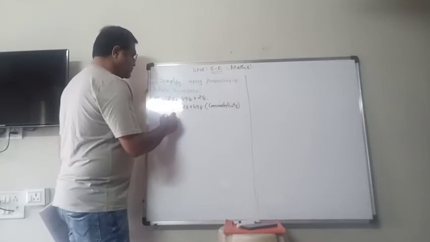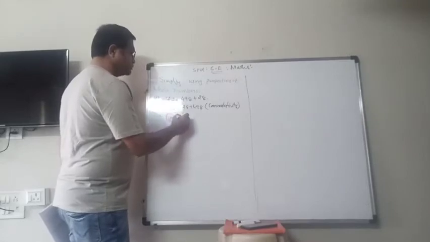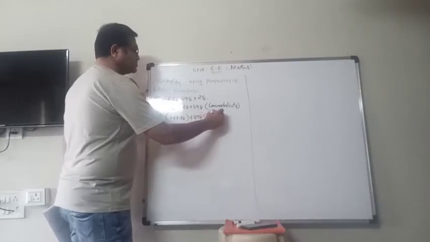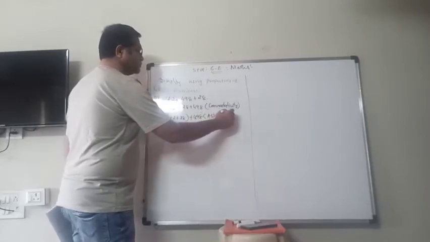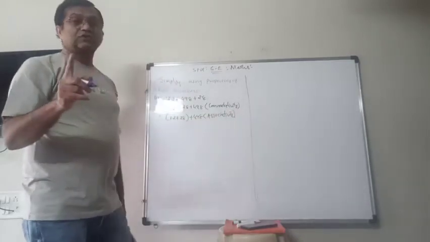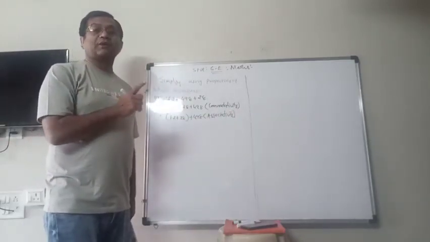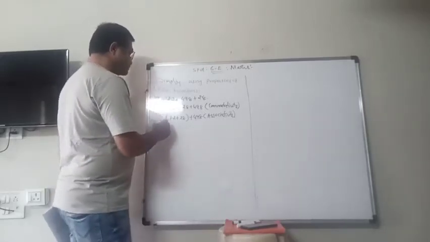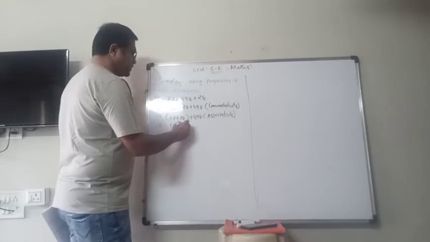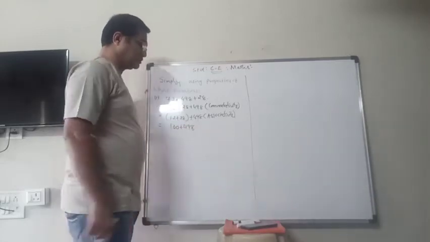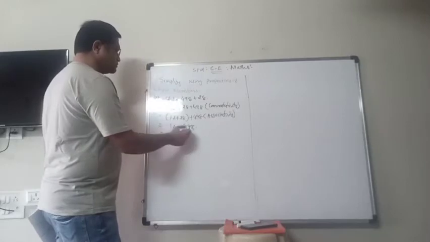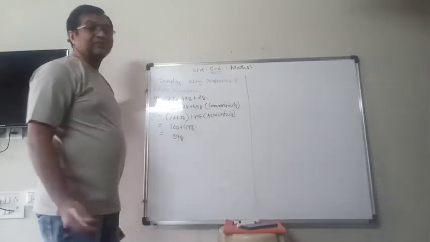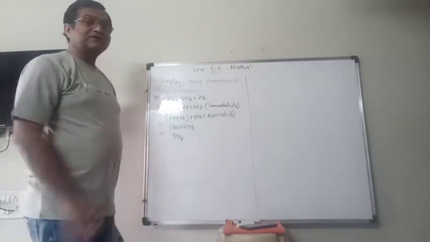Now we are making the group, and that is associativity. And remember, you must mention which property is used here. So be careful. So that is 100 plus 498. So now it is easier. 498 plus 100, that is 598. So very simple now.